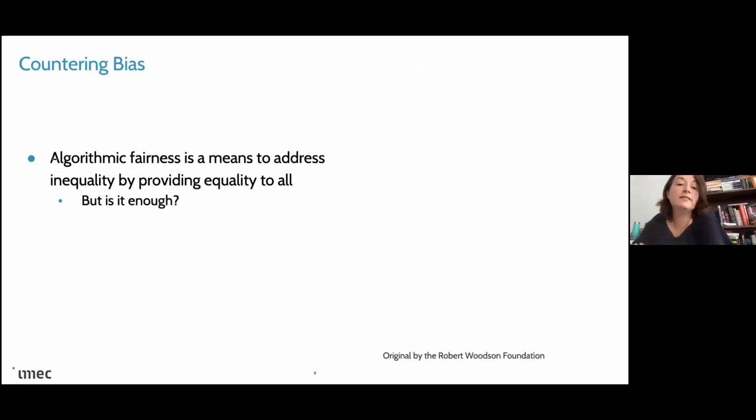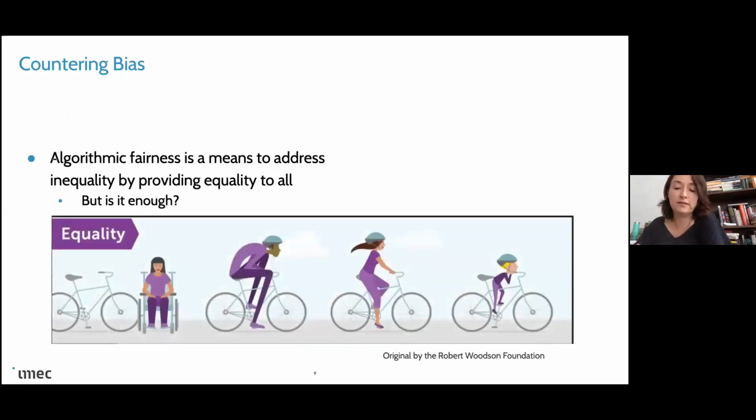Algorithmic fairness is a means to address inequality by providing equality to all, but it is not enough. Why do we say this? If you look at this picture, which is produced by the Robert Woodson Foundation, you can see that if we provide everyone with the same bike to get to the same destination, it's not really fair, because the little child and the tall man are really struggling.